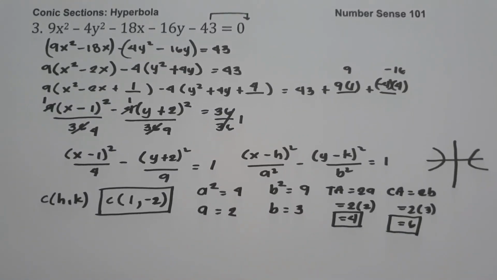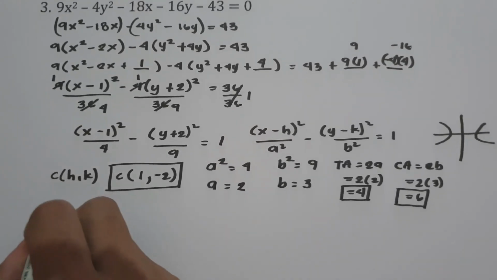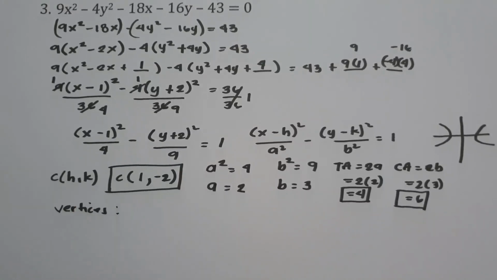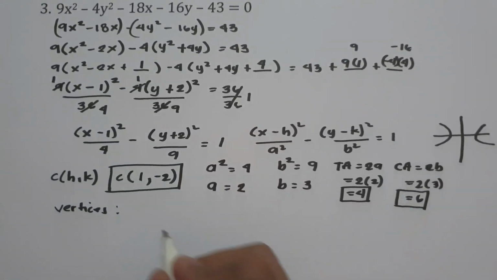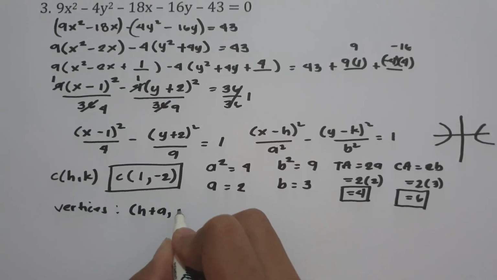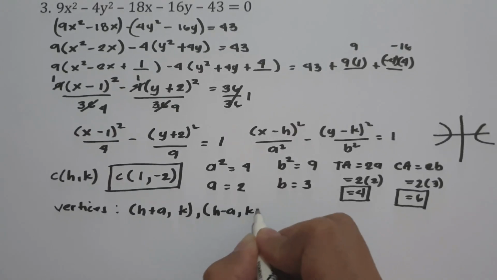So let us determine the vertices of our hyperbola. Since our hyperbola is horizontally oriented, let us have h plus a and k, and then h minus a and k.